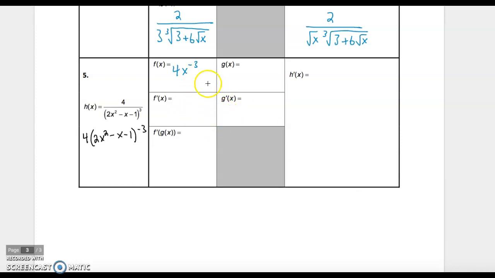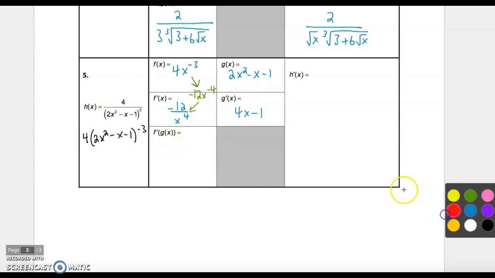Actually, let's do it this way. So then this way would be negative 12x to the negative fourth. But to write it really so we can actually input things into it, it would be negative 12 over x to the fourth, correct? Cool. And then my inner function is 2x squared minus x minus 1. So its derivative would be 4x minus 1.